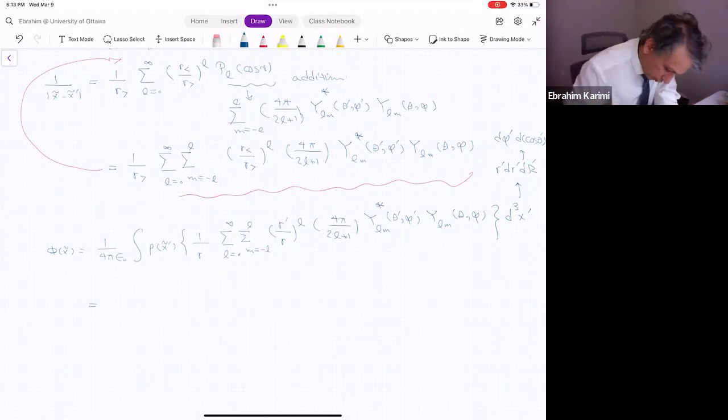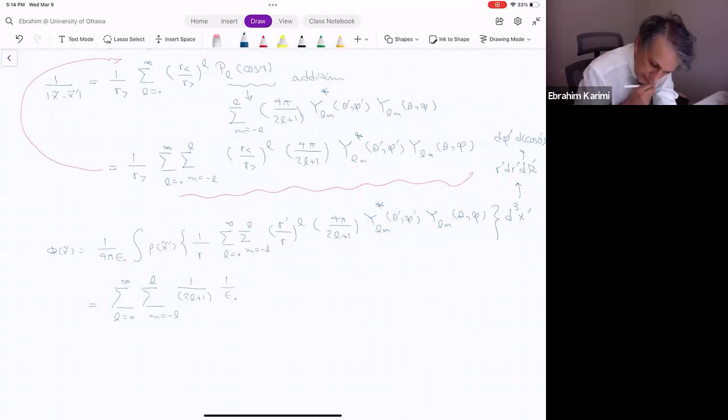So the summation will be over L from 0 to infinity, summation of M from minus L to L. Four pi goes away. I do have 1 divided by 2L plus 1, 1 divided by epsilon naught. I do have YLM of theta and phi.